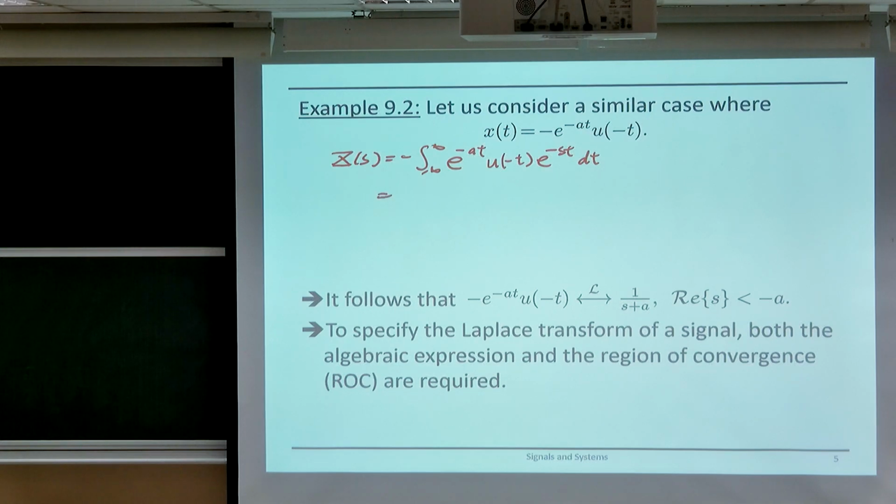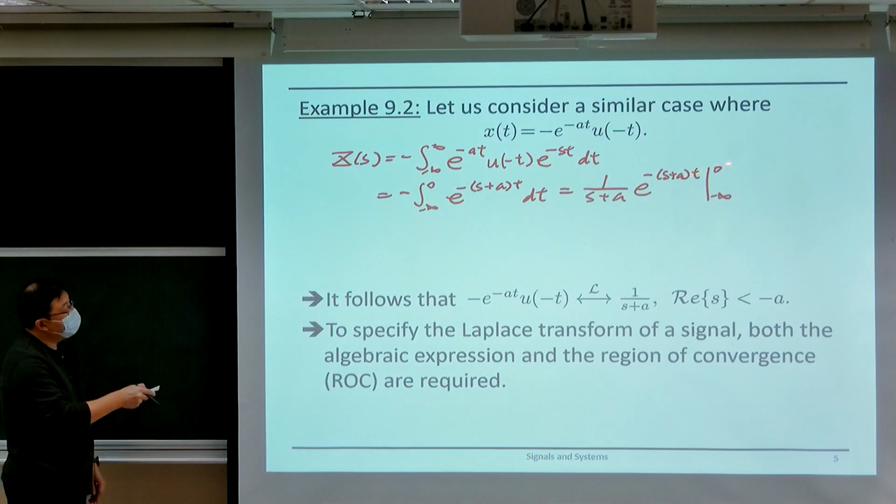The unit step function limits the integral from minus infinity to 0 of e to the minus s plus a t dt. And this is 1 over s plus a e to the minus s plus a t evaluated at 0 and minus infinity.